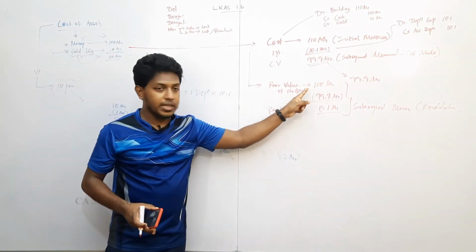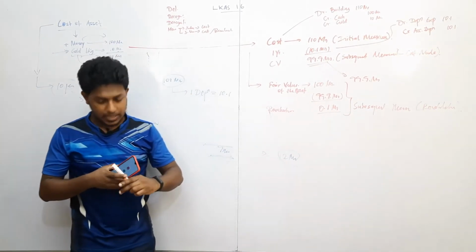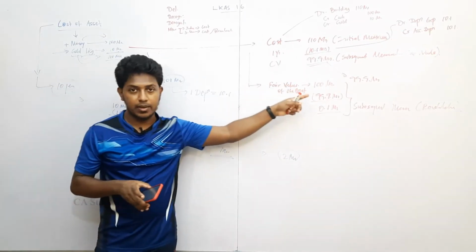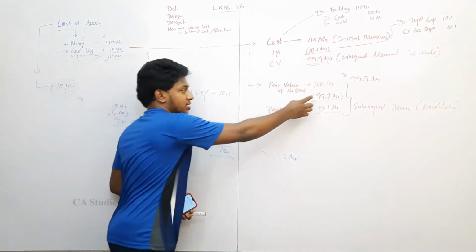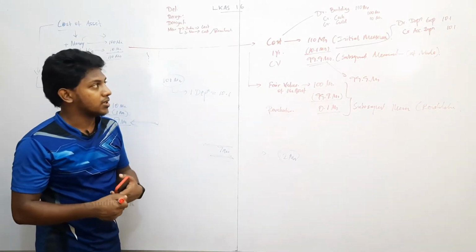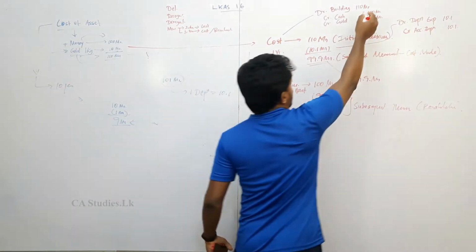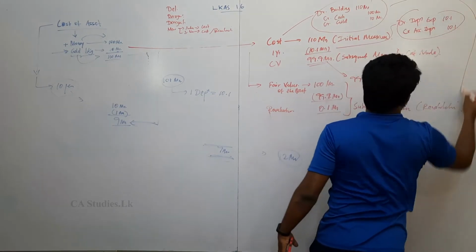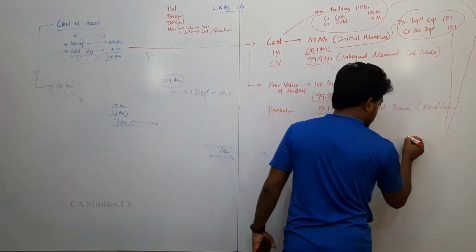Now we estimate the cost of the building is 100 million, right? The revaluation value of the building is 100 million. Now we have to show this 0.1 million extra in the non-current asset. After these two are passed, the non-current asset carrying value will be like this.